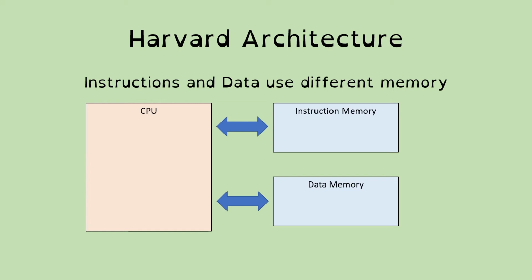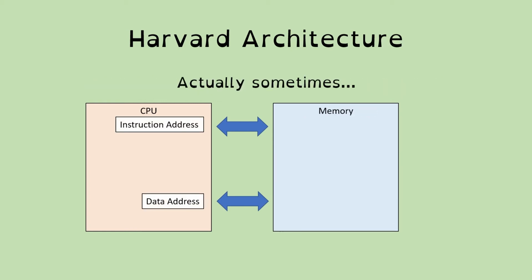Sometimes Harvard can look like this, where you've got one larger memory block, but you have 2 memory address registers, one that points to the instruction address and one that points to the data address. That can work, but that's not what we're looking for in this situation.